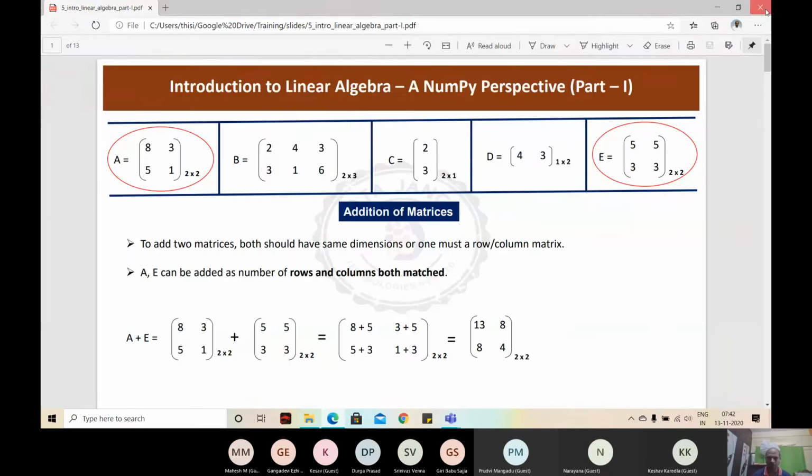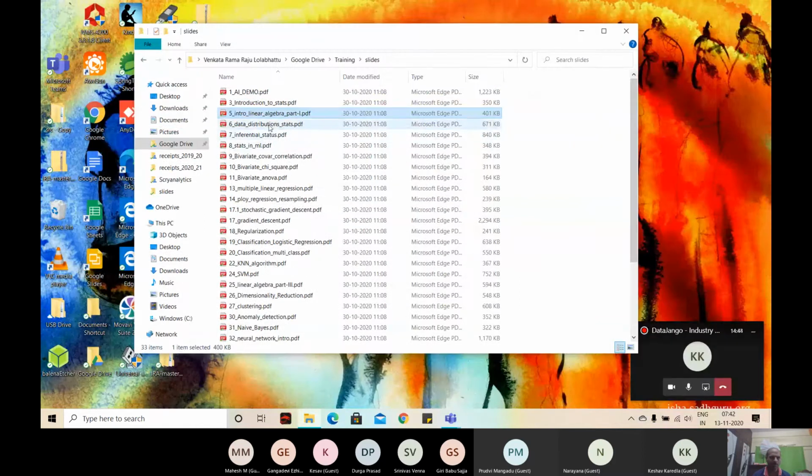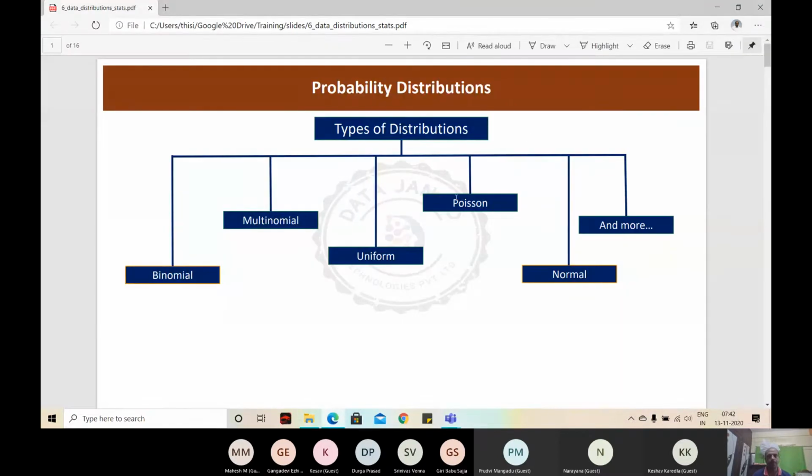We have covered a good amount of ground on linear algebra and NumPy. We'll have more linear algebra coming. But before we jump in and understand the data science, we need to understand a little bit of distributions, or more descriptive statistics and more inferential statistics.